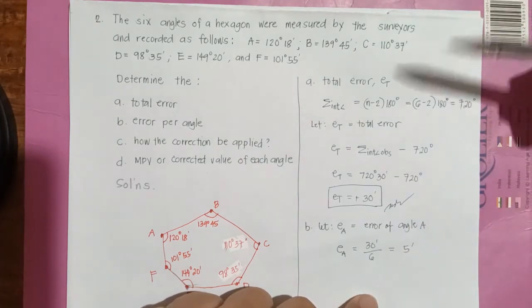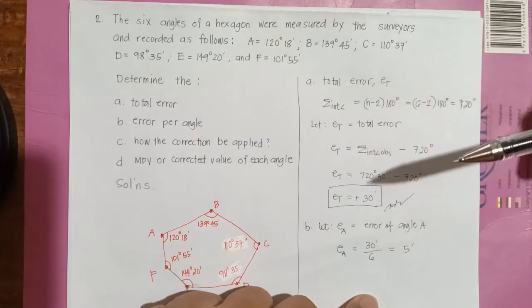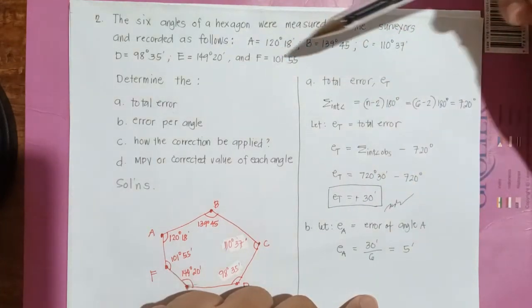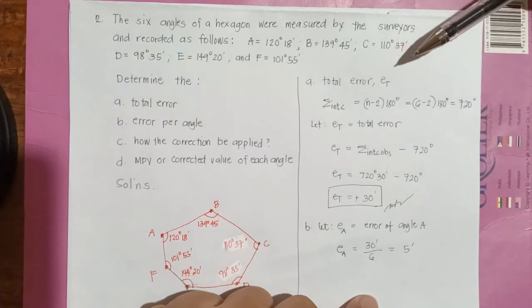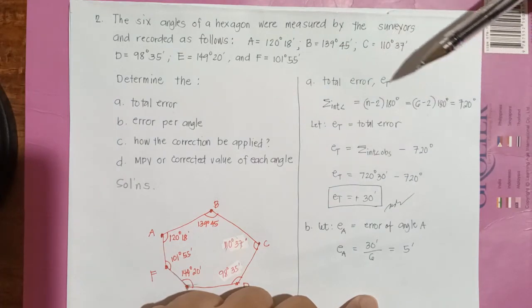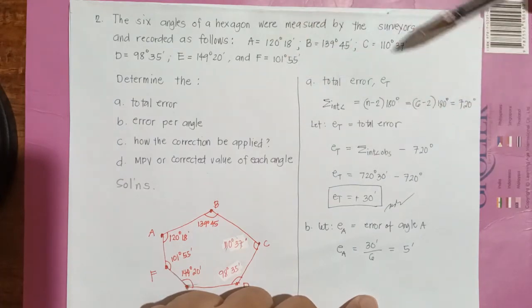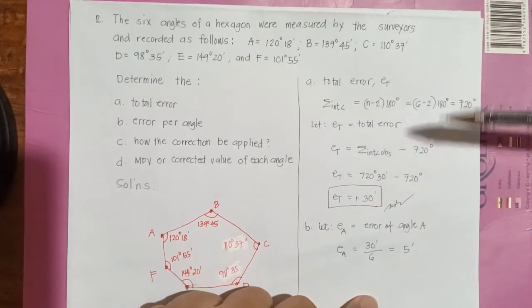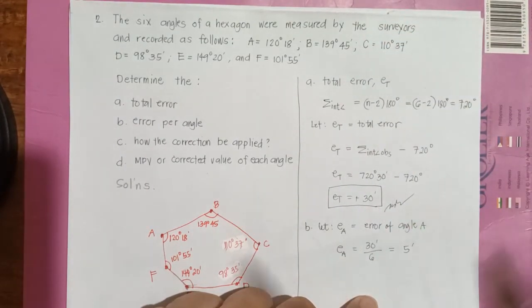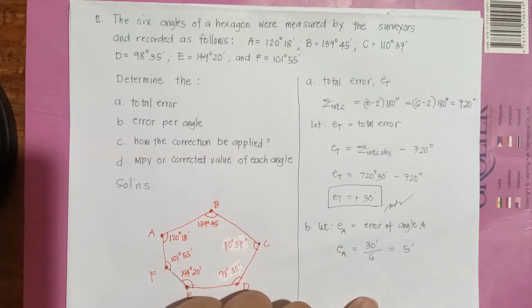For surveying, we just assume, since it's not stated here that there is a different weightage in every measurement, that the angles are measured with equal precision. Same instrument, same conditions, so your error is equally distributed among these angles.